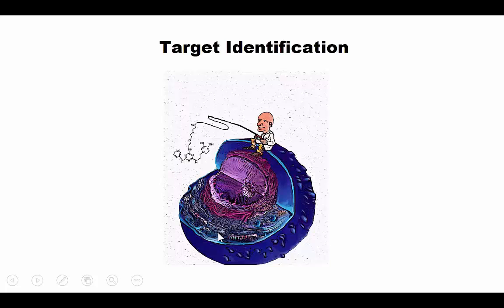That's why usually the first step of target ID is to break up the cell, and then make a mixture of protein sets. That process we call cell extract preparation. To make the cell extract, usually we add detergent to break up the cell membrane and then take out those proteins, making one mixture of soup.